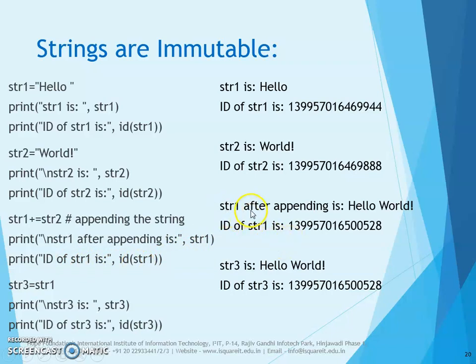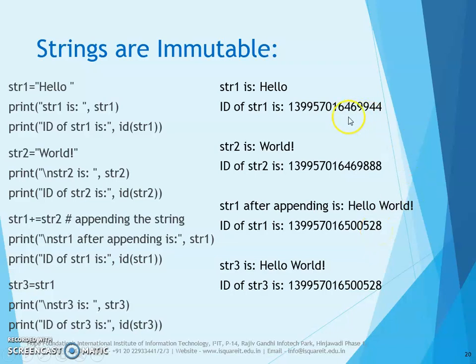So str1 after appending is the new string hello world, as we have done this appending operation, and you can check that this str1 address is different from the earlier address. As we are saying, strings are immutable, meaning we cannot change the data. If we try to modify the data stored in str1, it will be stored at a new memory location.